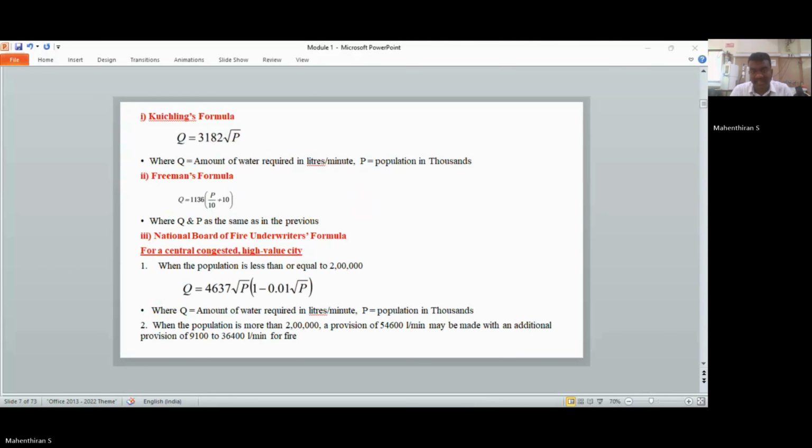Additionally, an extra provision ranging from 9,100 to 36,400 liters per minute is added for the fire demand. This reflects the fact that larger cities require high capacity firefighting systems and fire risk is significantly higher due to the dense infrastructure.